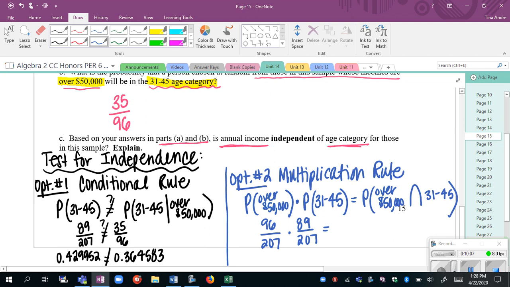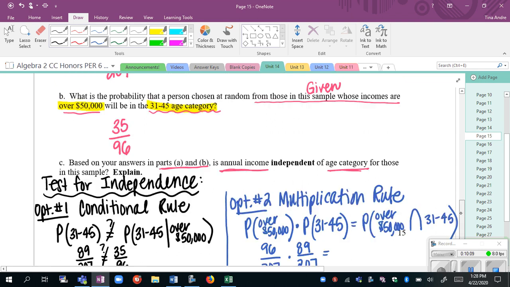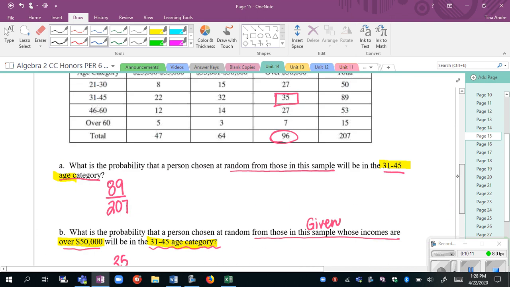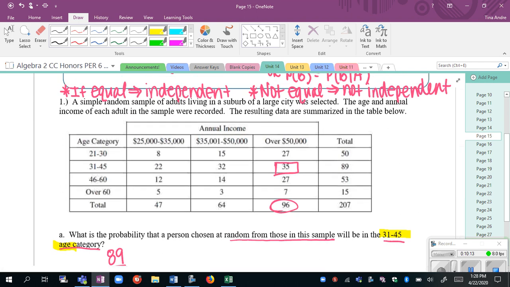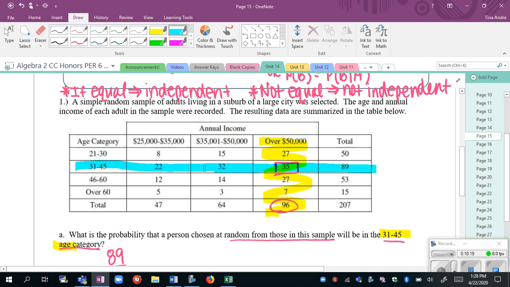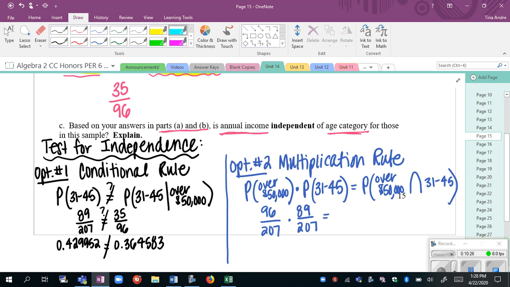And the probability of being over 50,000 and 31 to 45 is 35 out of the 207. Again, I should have question marks here because I'm trying to see if they're equal.